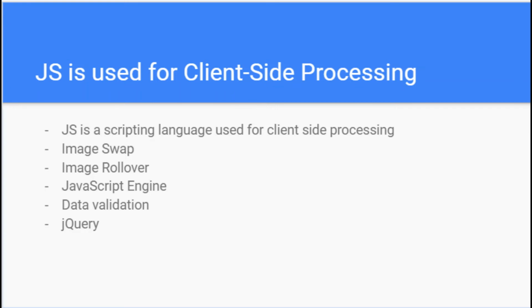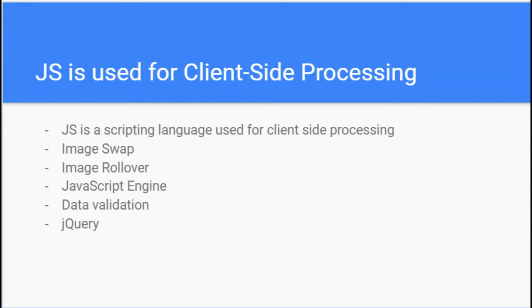In contrast to server-side processing that's done for dynamic web pages, JavaScript is a scripting language that provides client-side processing, which means that all required images and files must be loaded into the browser when the page is requested.